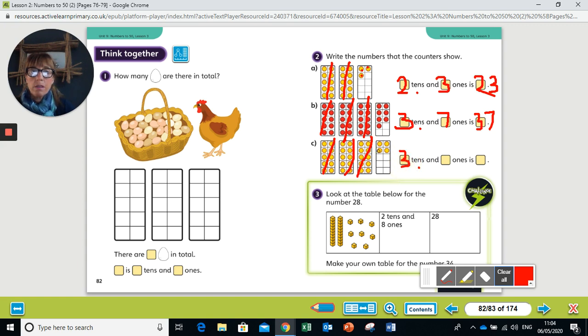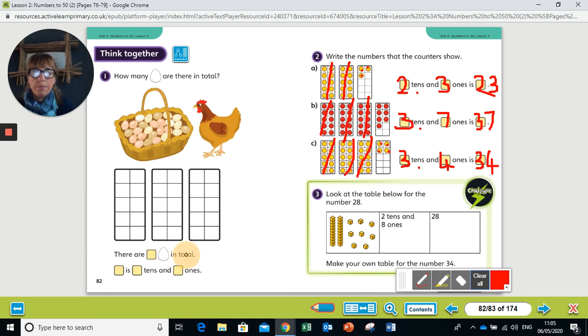How many ones? 1, 2, 3, 4. 3 tens and 4 ones is how many? 33. Agree? Or challenge? Challenge. It's not 33, it's 34. We've got 4 ones. Right, now we've all got a challenge to do together.